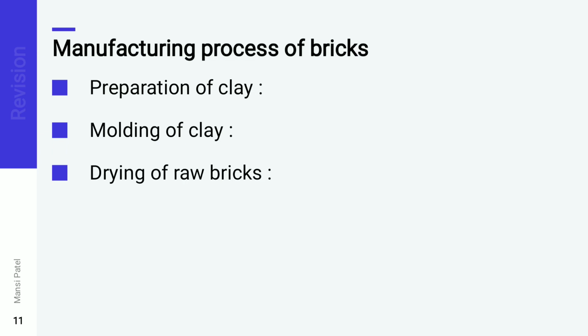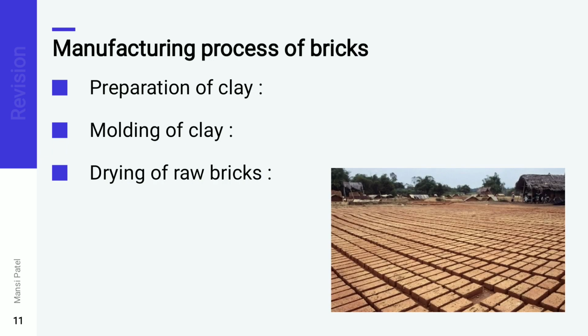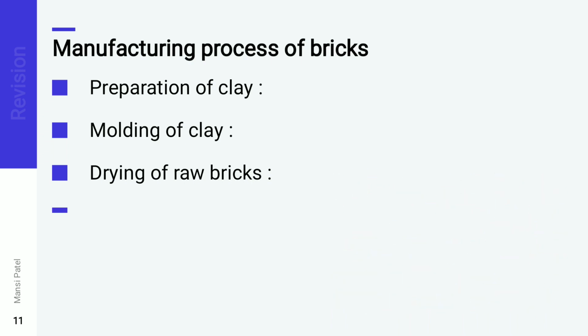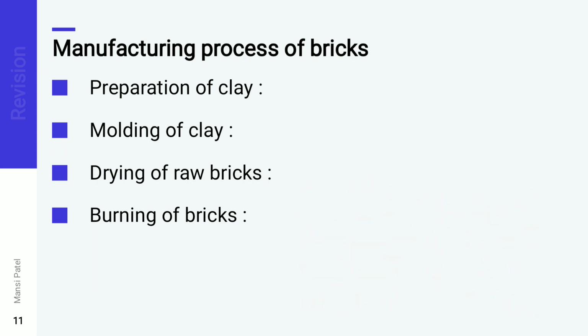After molding of the clay, they dry all the bricks like this. And the last step after drying of the raw bricks is burning of bricks. So these are the steps to be followed for making the bricks.